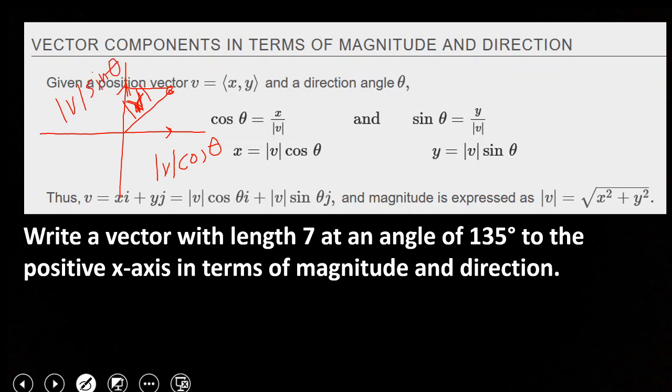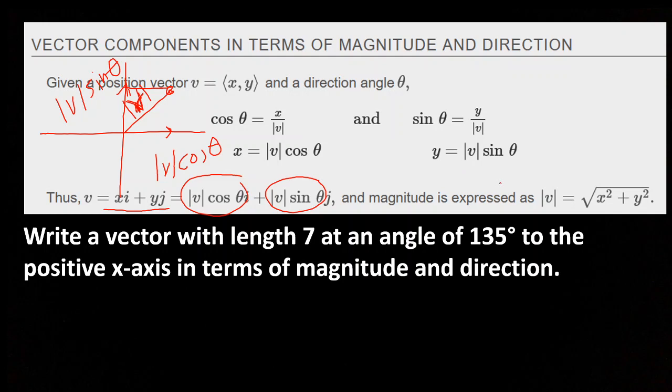And theta is the angle that this thing makes with the positive x-axis. So now we can write this as xi plus yj, if they write it that way. You can use a and b if you want, doesn't matter. So here our x is that, and our y is that. So now we can write it in terms of the direction of the vector, which is that theta, right?